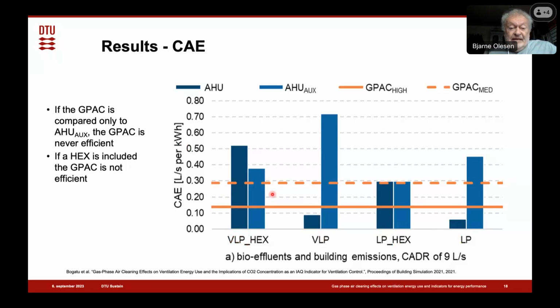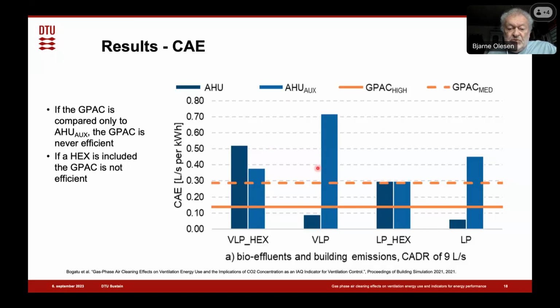And then we had two types of energy. One where we only talk about the energy used for the air handling unit, and the other where we also have the auxiliary energy for running fans and other electrical consumption. That's the one which is really used for the comparison.